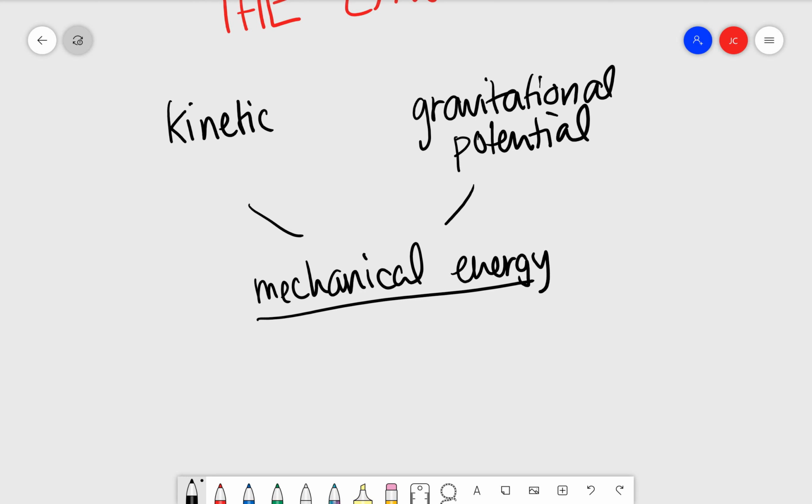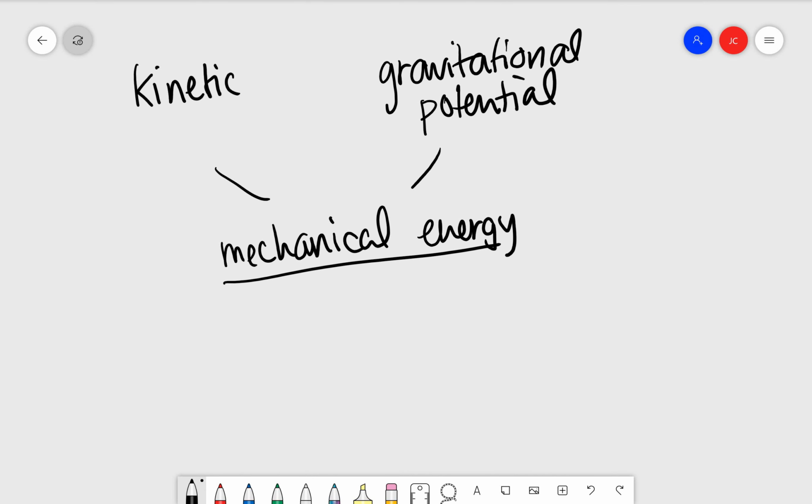That means that the kinetic and gravitational potential energies added together will stay the same the whole time. Now, this is not true of every system. For instance, the system of you running does not obey the conservation of mechanical energy because your kinetic energy is getting transferred into something thermal, which is not one of the parts of mechanical energy.